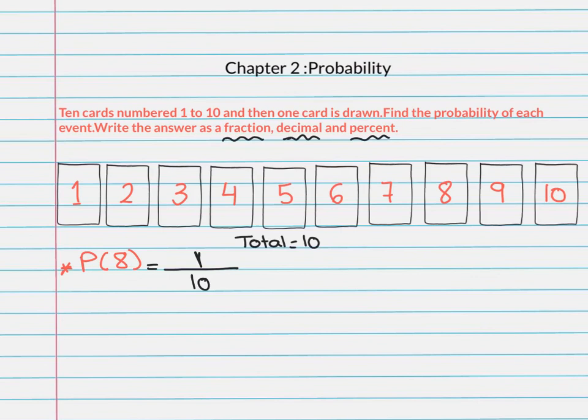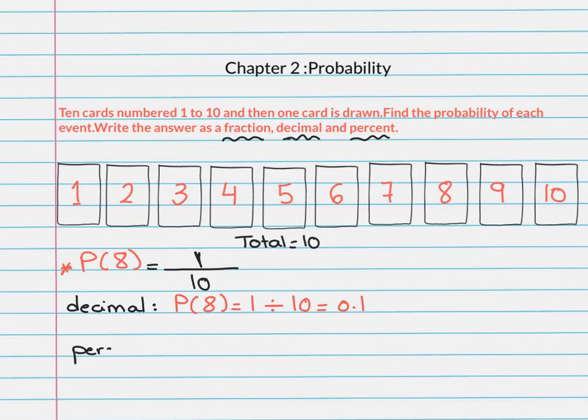It is written as a fraction, but remember in the question they need us to write it as a decimal and as a percent. Let's start with writing it as a decimal. To write it as a decimal, it's simply dividing the numerator by the denominator. So the probability of 8 is 1 divided by 10. If you use your calculators, the answer as a decimal is 0.1. As well, they need us to write it as a percent.